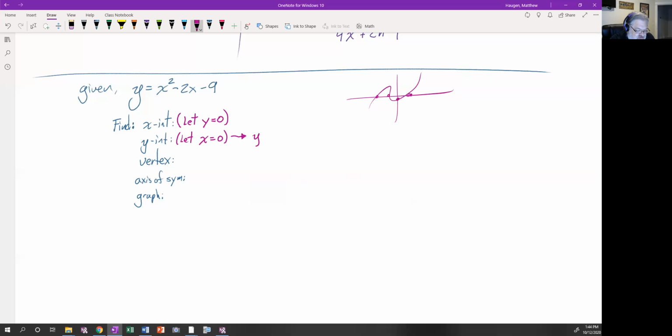So it just comes down to evaluating the function at 0. And zeros tend to evaluate very nicely. Y-intercept is a coordinate, is a point. So we should really be answering that as a coordinate.